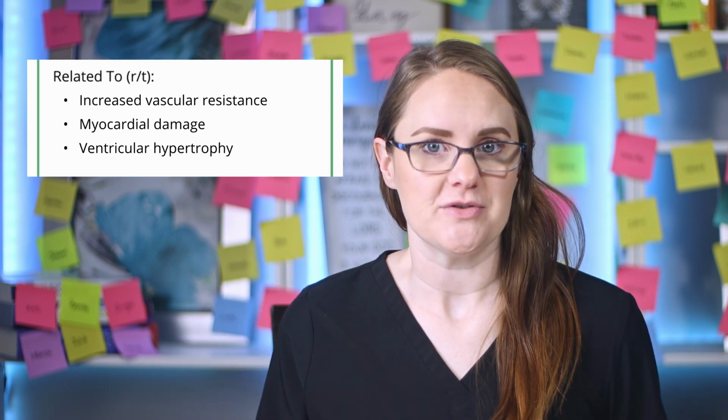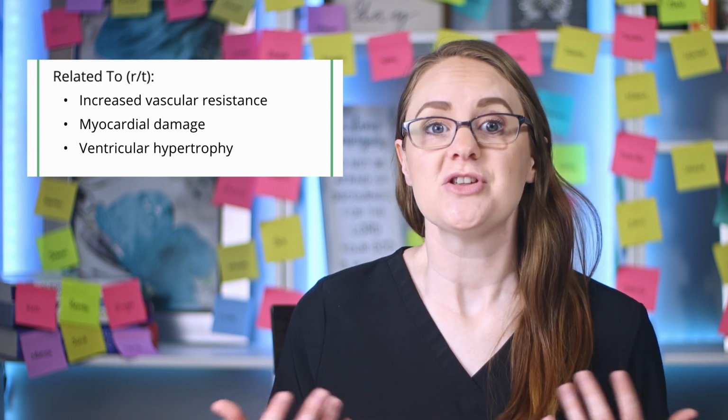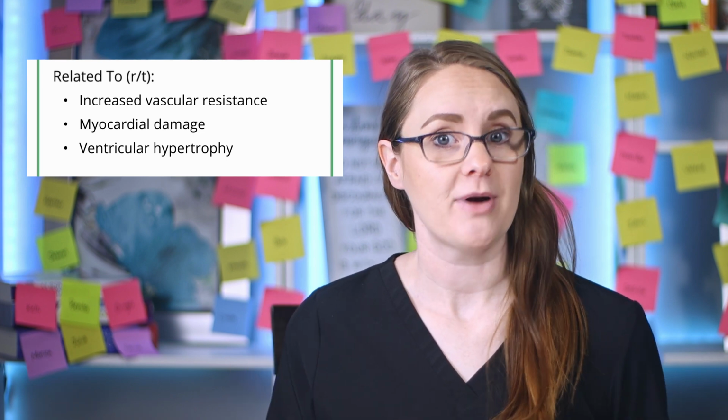Now, all three of those things are going to directly impact the pressure within the vessels, so they will directly impact the blood pressure. So think back to your patient's condition and think through what's causing it and the pathophysiology behind it, and that will be your related to section.